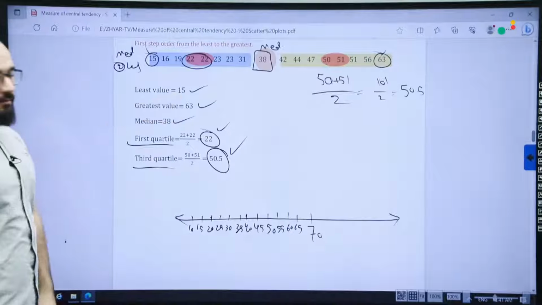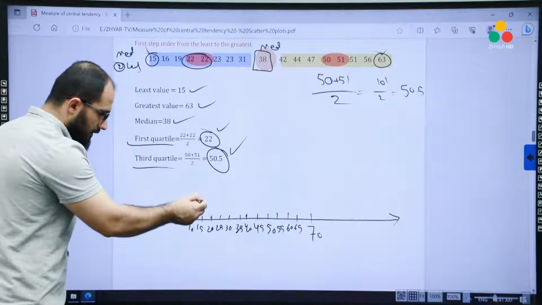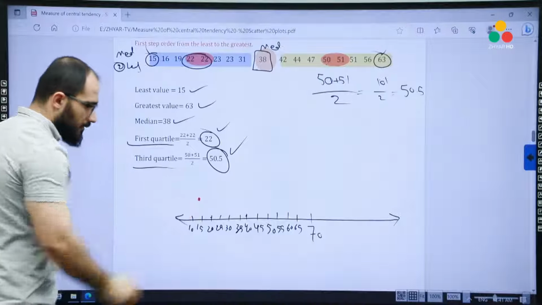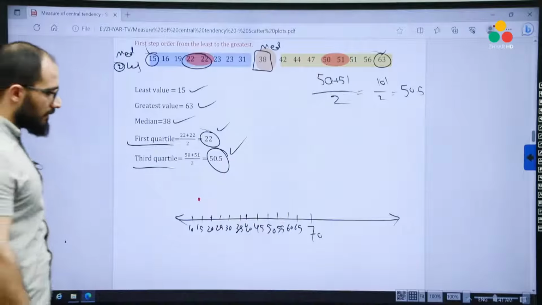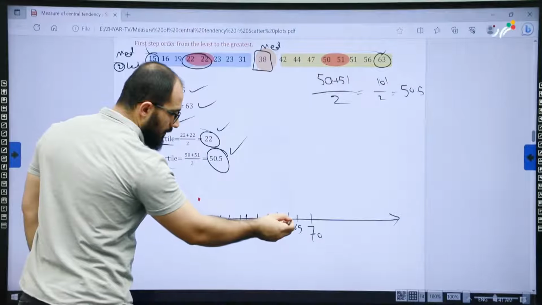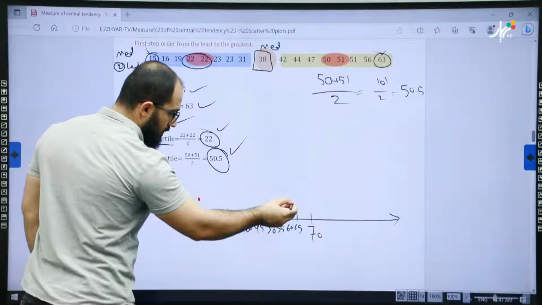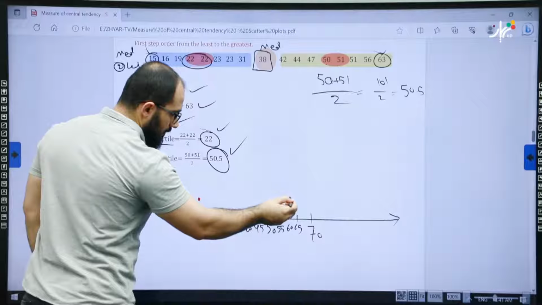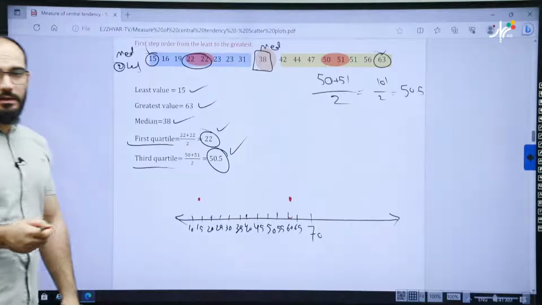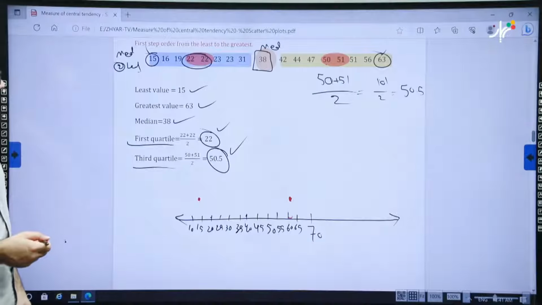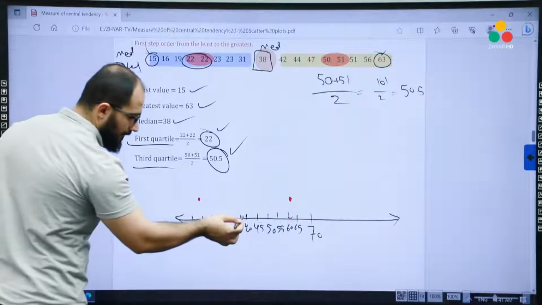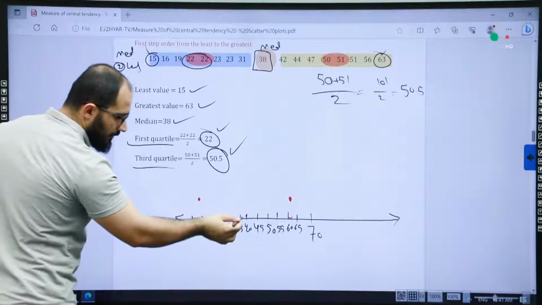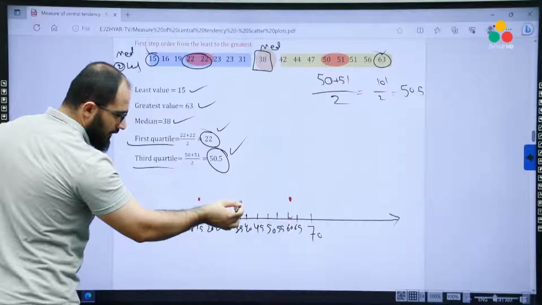The least value is 15, so we have 15. The greatest value is 63. This is 60, 1, 2, 3, so this is 63. Then the median is 38. We have 35, 40, so 38 is close to 40.